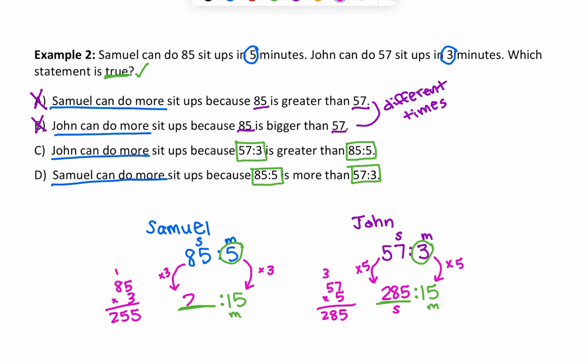So he does 255. Now that they both had the same amount of time, who can do more sit-ups? 255 or 285? So John wins, so C would be my answer.